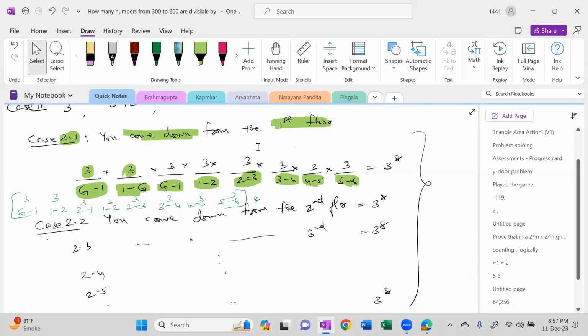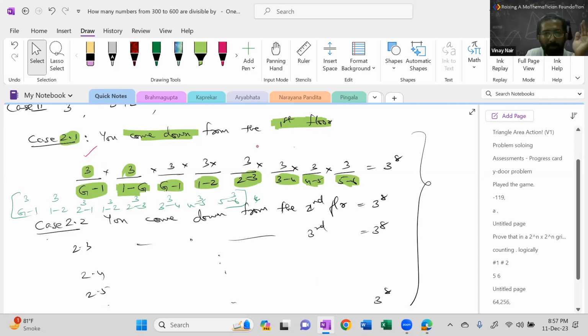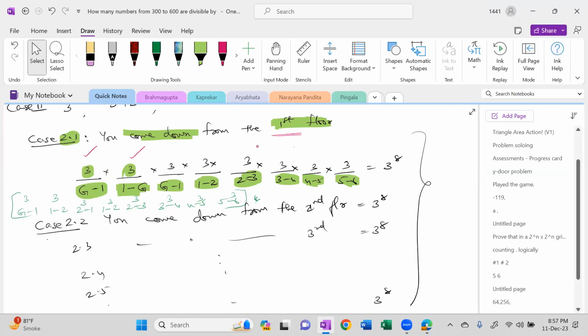Case 2.1 is when you come down from the first floor. Now we order the things in a sequence. In the beginning, you are at the ground floor. Ground to first, there are 3 possibilities. Now you have decided you will come down from the first floor, which means first to ground, there are 3 possibilities.